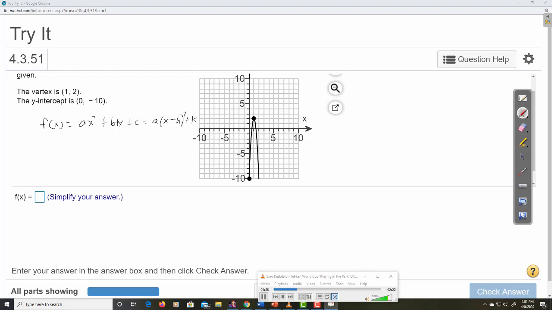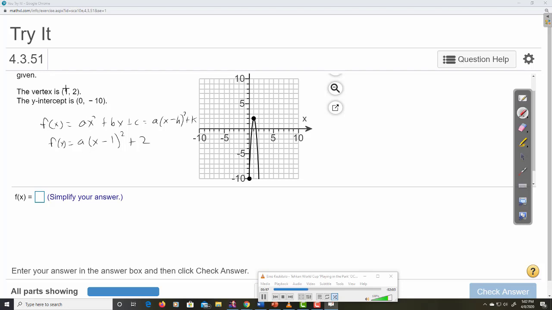And in this case, they gave us the vertex, so it's a bit easier to use the vertex form here. A times x minus 1 squared plus 2. And all we have to find out now is a.